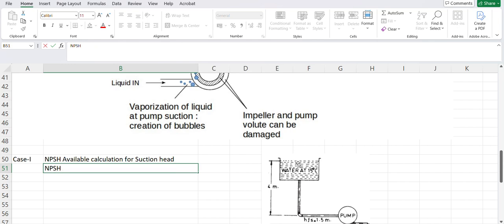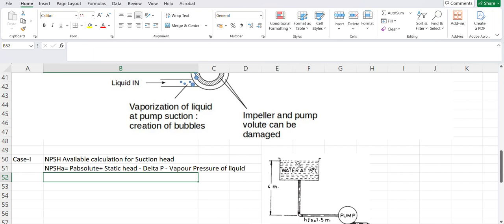So first I will show you how to calculate NPSH. NPSH available is equal to P absolute, the absolute pressure above the liquid level, plus the static head at the pump suction, minus the pressure drop across the piping and fittings like elbows, strainer or valves at the pump suction, and lastly minus the vapor pressure of the liquid.